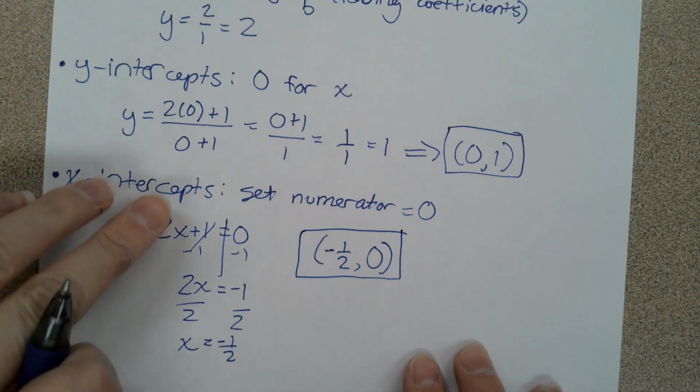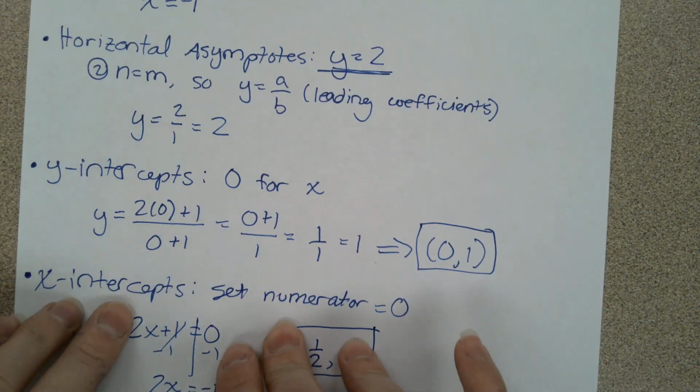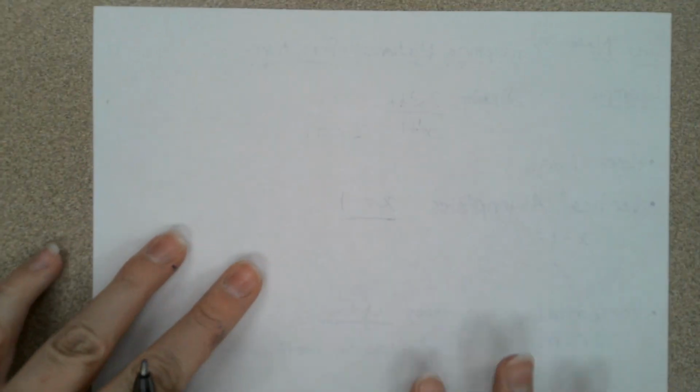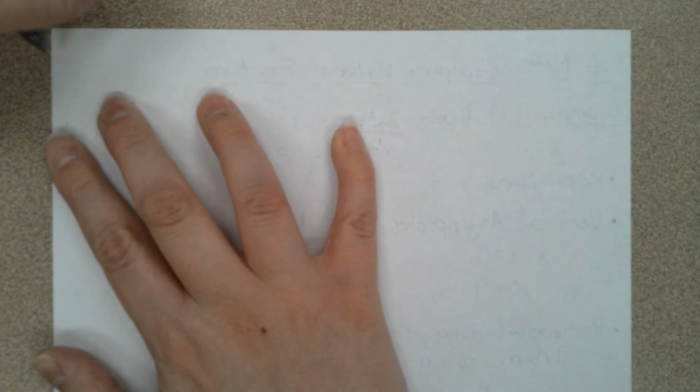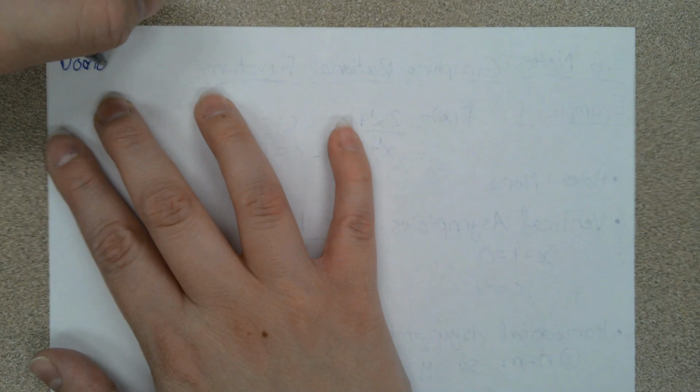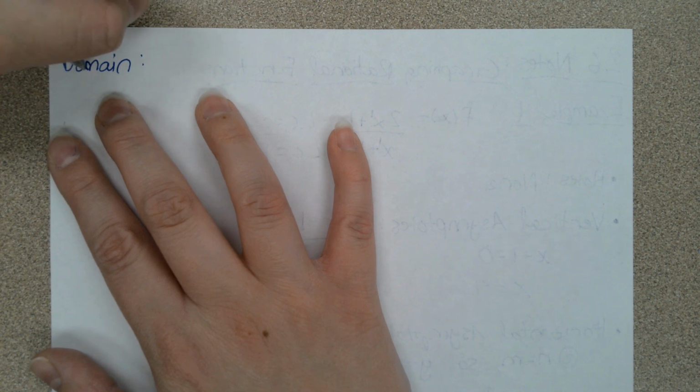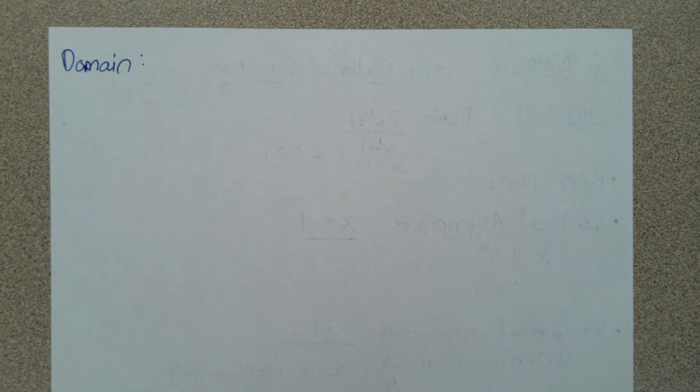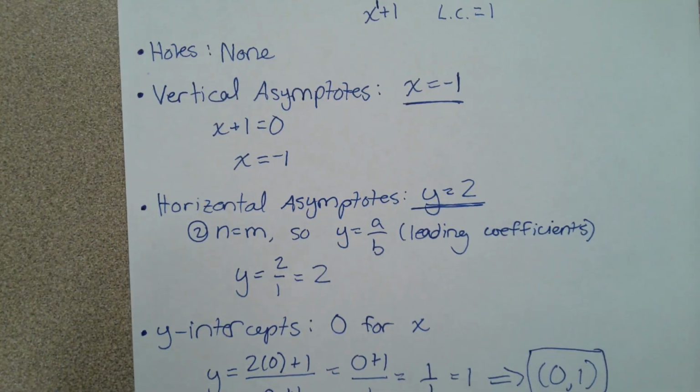Two more details to find, domain and range. Now these seem quite complicated because we're already talking about all the things that are not included in this graph. But actually, domain and range are pretty easy here. It's all real numbers except for the asymptotes. So, if we look back at the domain, this is the x values.